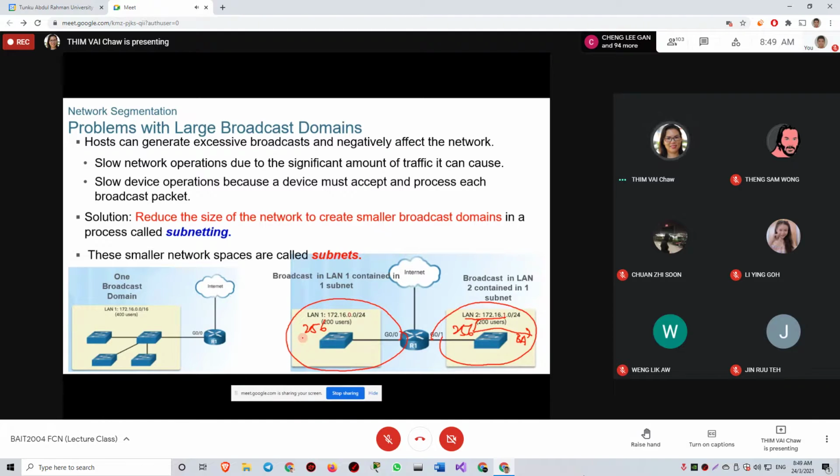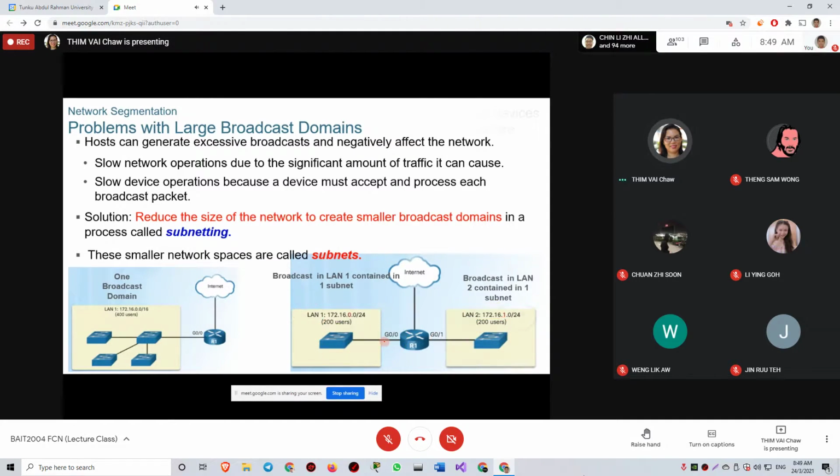Same thing over here. But I want to minus 2, which is equivalent to 254. It means that over here I can only have usable addresses for PCs, and the maximum is 254.